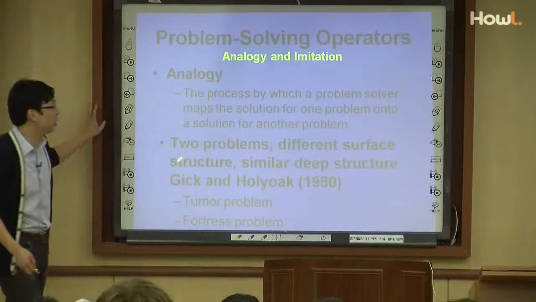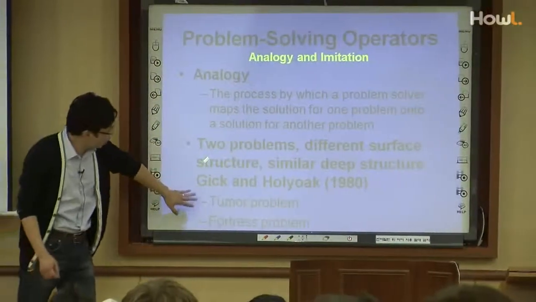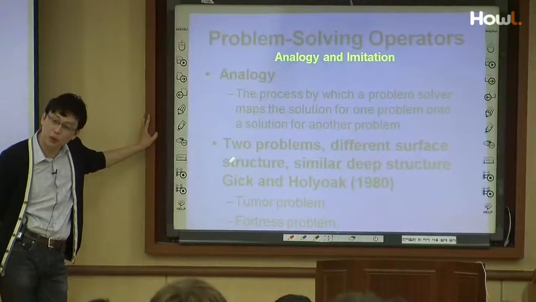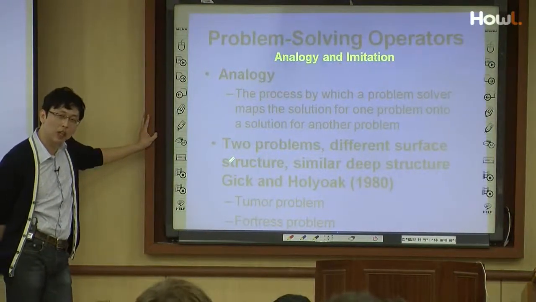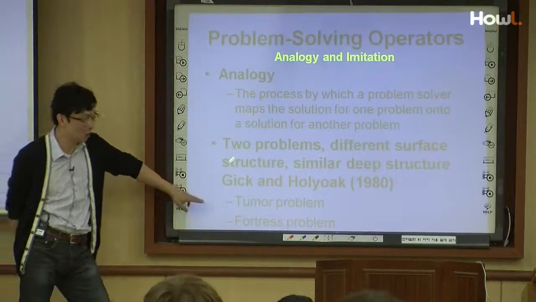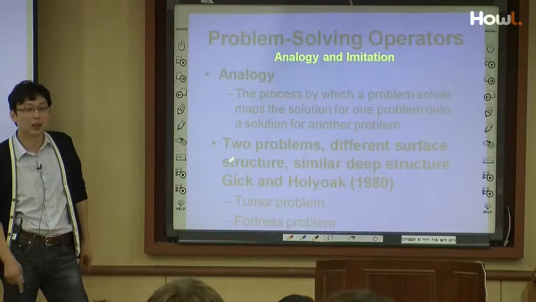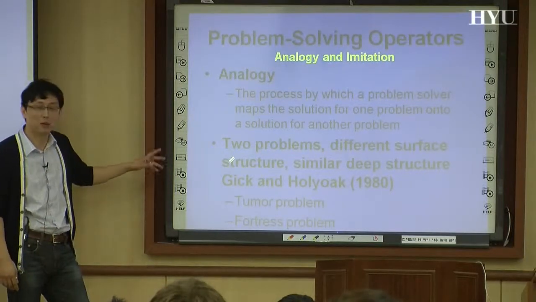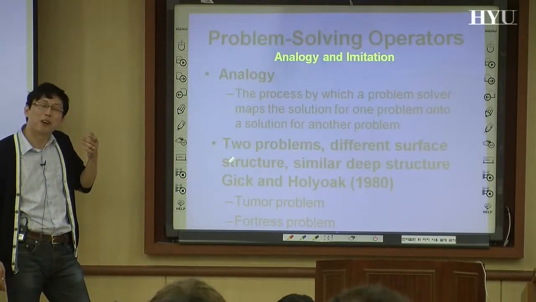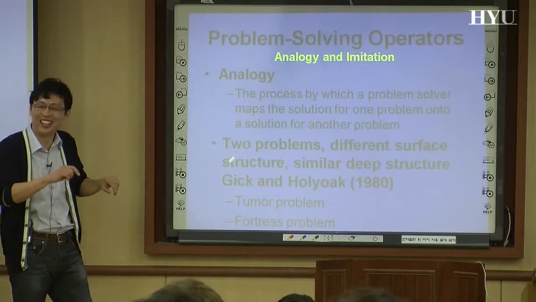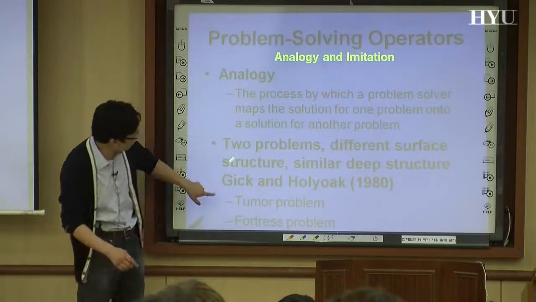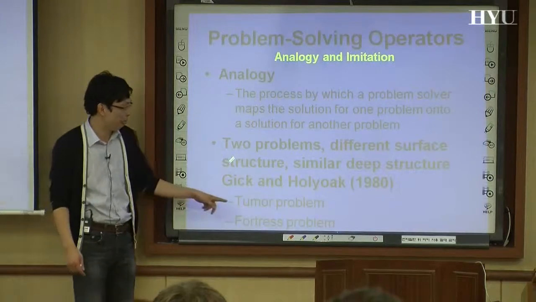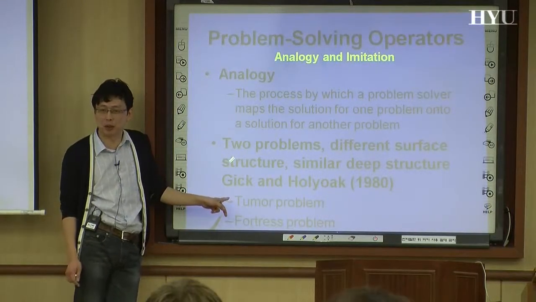So analogy is really powerful, and some experiments also prove that people use analogy. Such as this example, when you read a very long text in chapter 8, I can't type it because I made this slide a couple of hours ago, so I don't have time to type everything. But when I read this one, that is a cancer treatment problem, right?